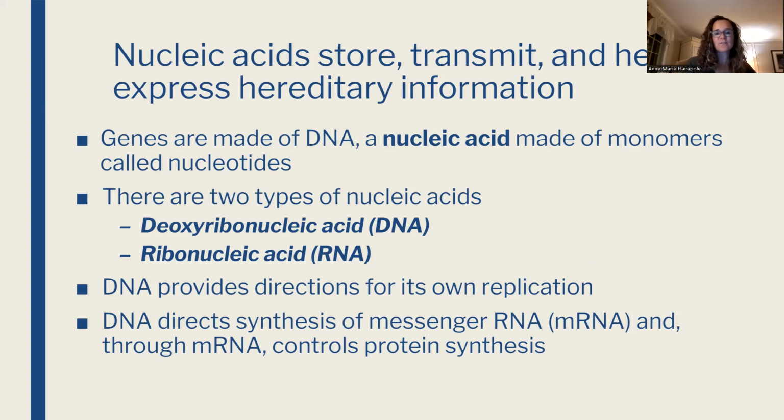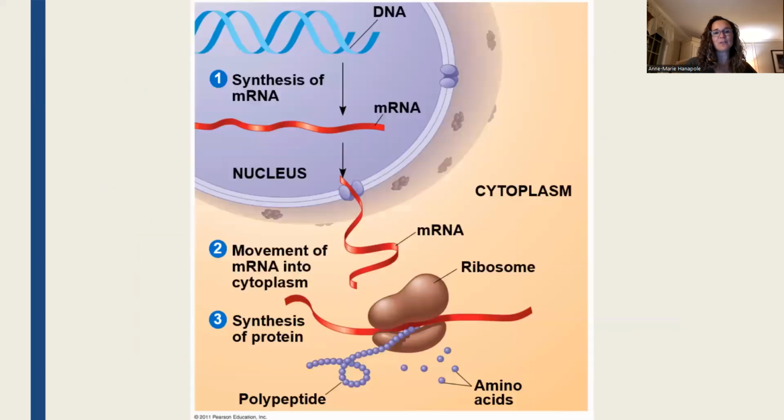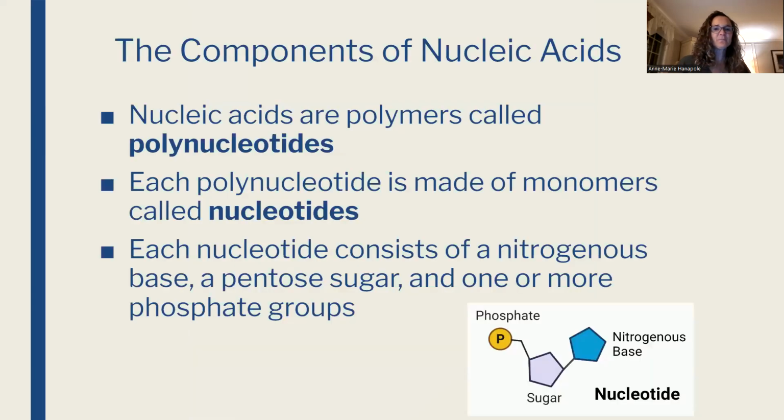So all the instructions for life are in that DNA molecule. So when it's time to read that DNA molecule, it has the instructions for making RNA and instructions then in the end for making proteins as well. And we will talk more about protein synthesis a little bit later in the year. So this is just a quick overview of nucleic acids.